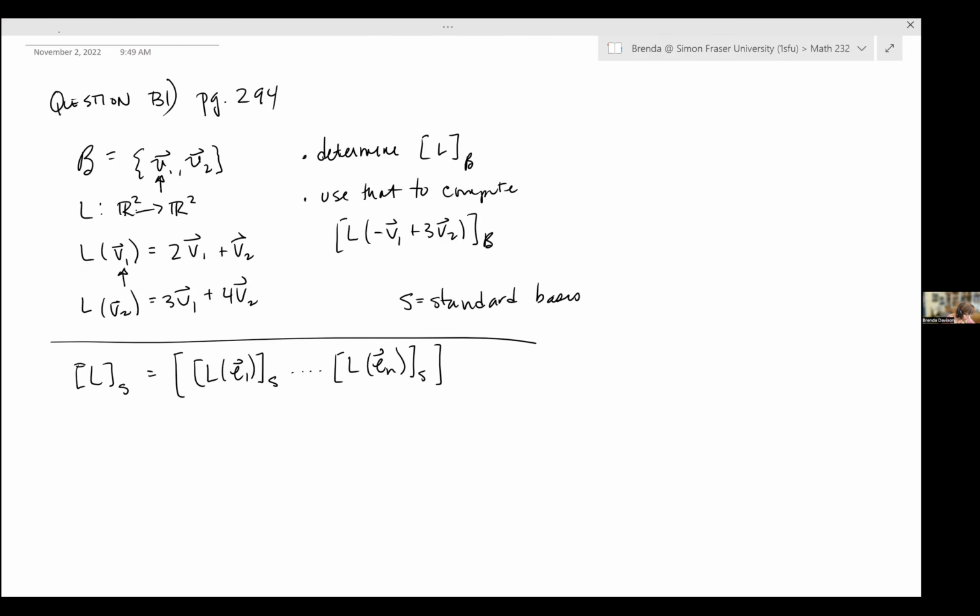We were then able to calculate the linear transformation of some vector x, where x is a linear combination of the standard basis vectors: x equals C1 E1 plus C2 E2, and so on up to Cn En.